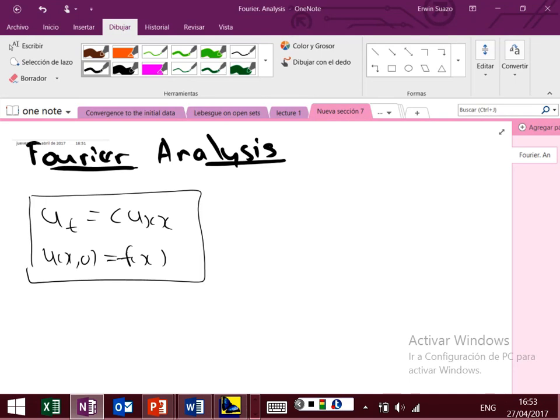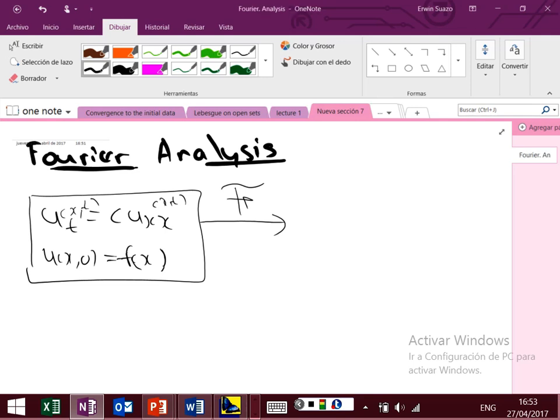So we're going to apply the transform. I'm going to call it like this. It turns out that this problem depends on x and t, and this one only depends on x. This is u(x,t), but I'm not going to write it all the time.